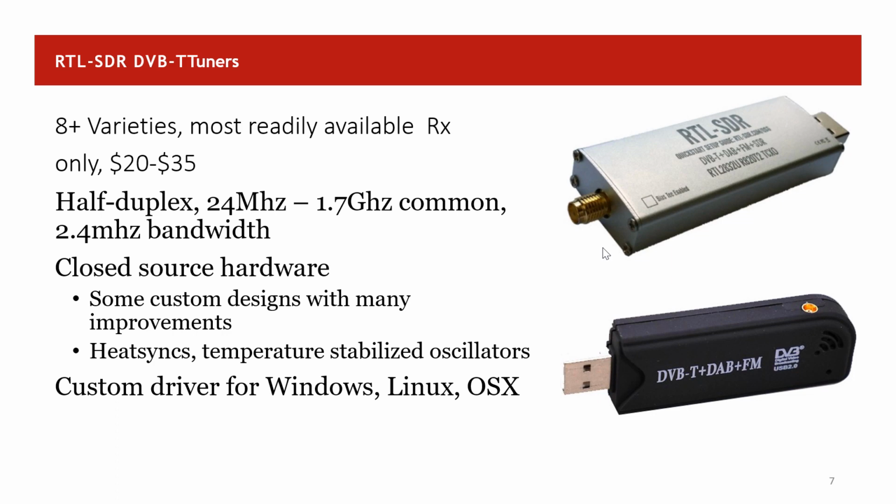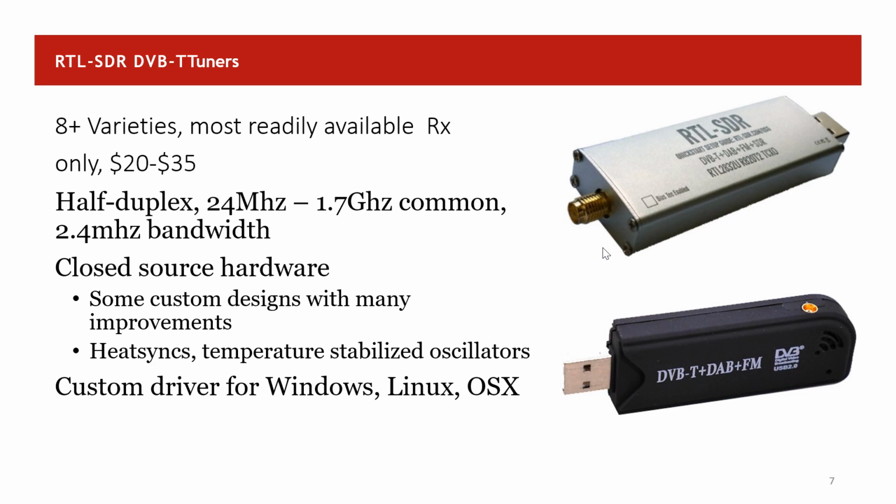It's basically meant for TVs, just like a TV tuner, but it has a certain chipset which can be controlled and tuned to different frequencies, so we can listen to the air. This one is your RTL SDR, and the chipset is the same inside all of them.